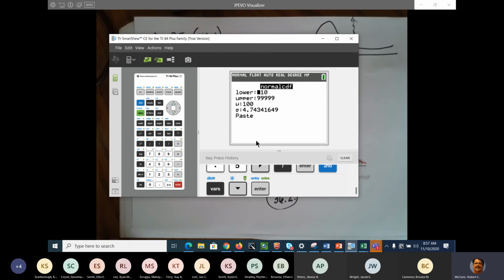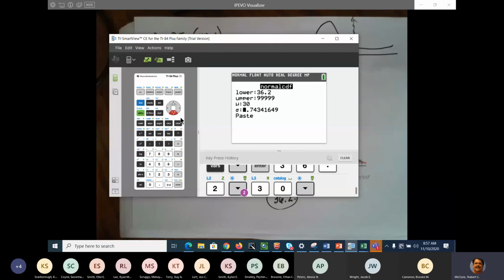I don't think I understand what they're asking. So that's going to be 36.2, 36.2, and 9999. Mu is equal to 30. And our new standard deviation is 2.180498.